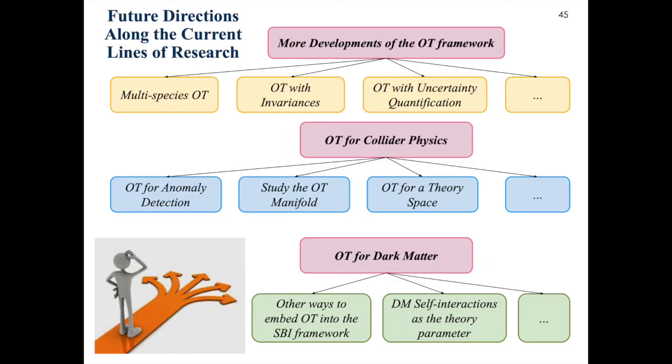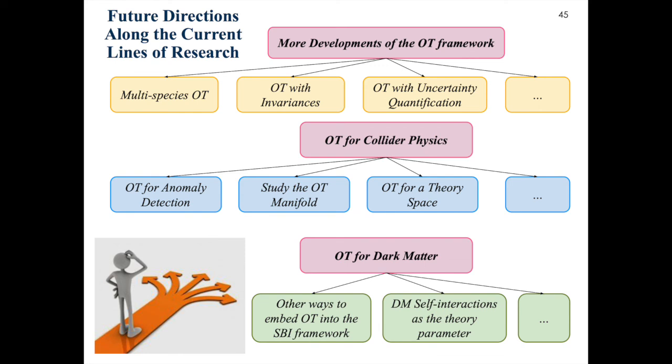Now, just to give you some possible inspirations, I listed here some of my own future research directions. On the framework development side, one thing I plan to do is to incorporate different types of objects in the distributions. For example, instead of grayscale images, I want to have a colorful image.